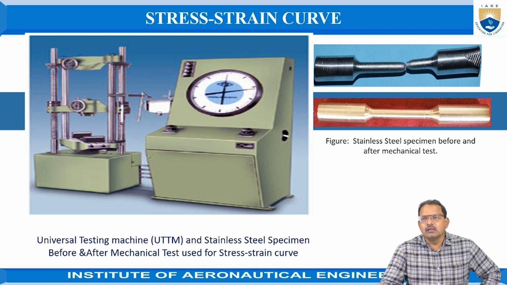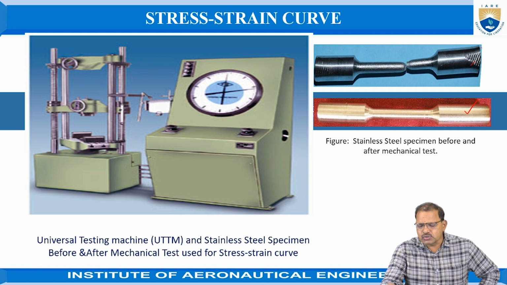The figure here shows a specimen of stainless steel. The second one shows that when the load is applied in gradually increasing order, the diameter of this specimen decreases. Finally, it fails, as represented here.